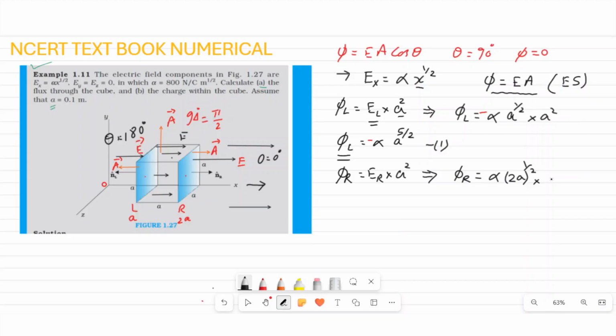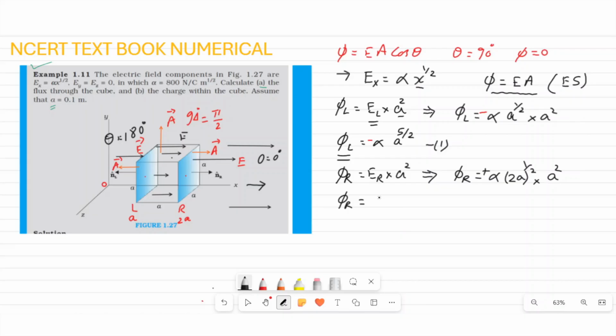This will be positive. So flux for right face is equal to alpha, solve it, under root 2 A raised to 1 by 2 multiplied by A square. This will change to flux for right face is equal to under root 2 alpha A raised to 5 by 2. Okay. So now we have to calculate total flux, F net.